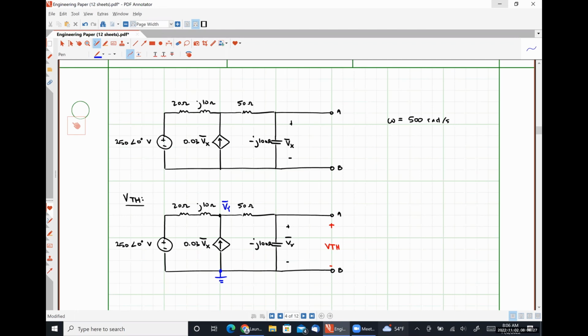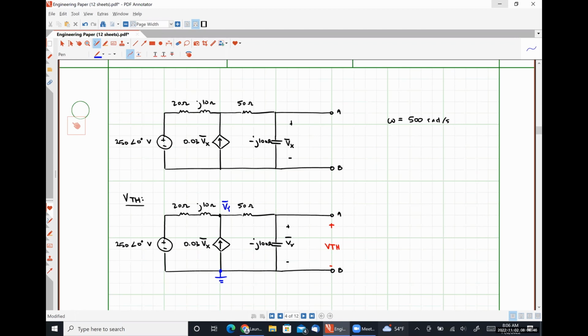From that, I could pretty easily calculate the voltage, essentially the same voltage Vy, and then use voltage division. So which way would you guys prefer? Source transformation or just solve for Vy?